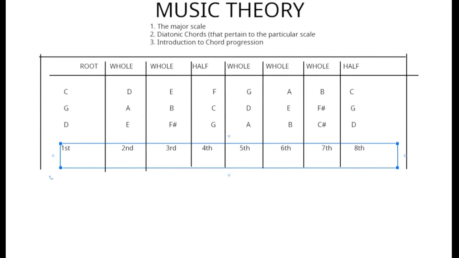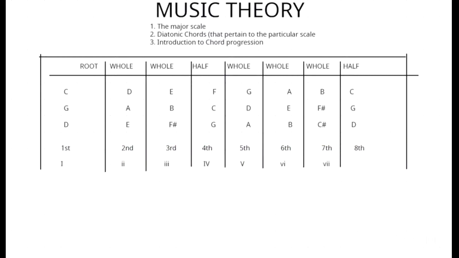And it's going to take me a while to get this degree-looking sign to go along with the 7 that would represent the diminished. I can't find it right now, so all right. And the 8th is a repetition of the 1, and it is just an octave higher.